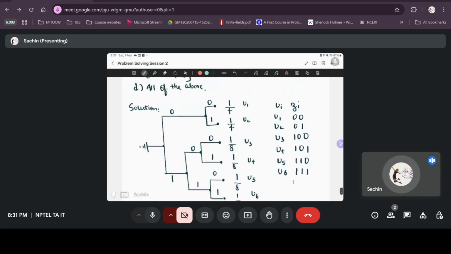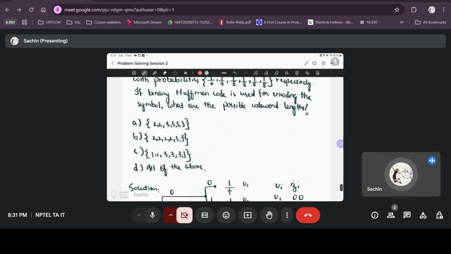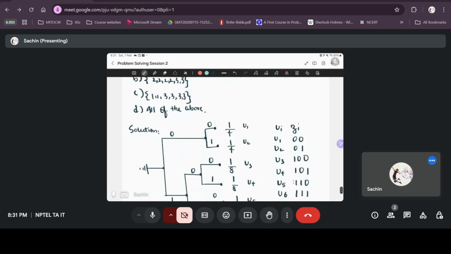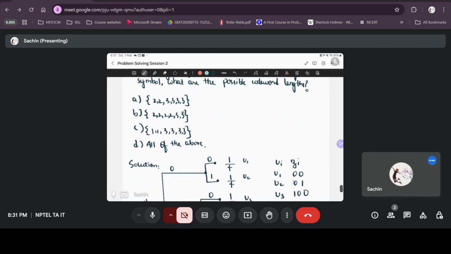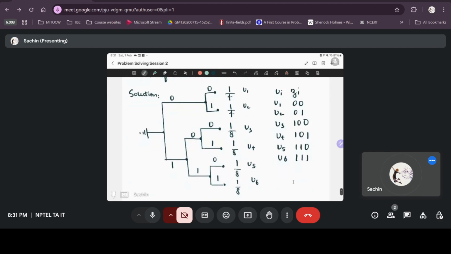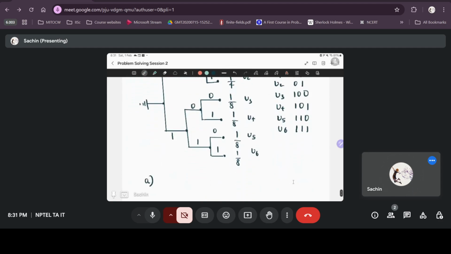And that gives you the code. The question is actually the code word length. So the first two messages have code word length 2, and the remaining four messages have code word length 3. So the code word lengths are 2, 2 and 3, 3, 3, 3, which is option A. And that's how you do Huffman coding in the binary case.